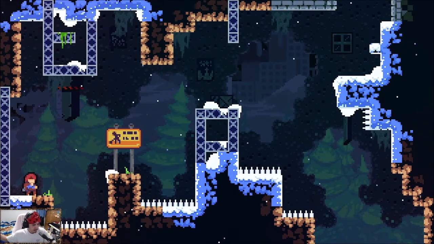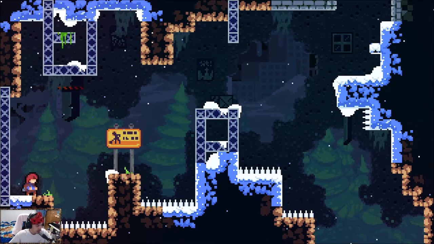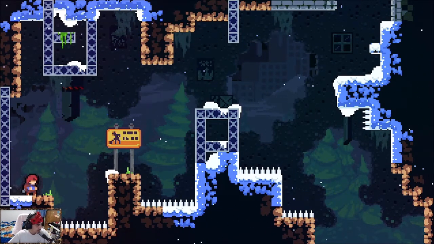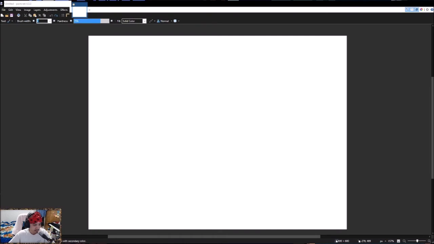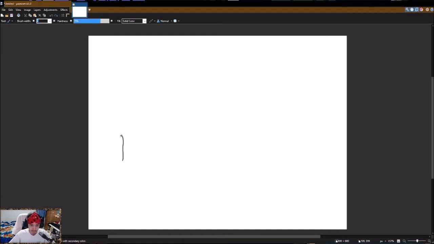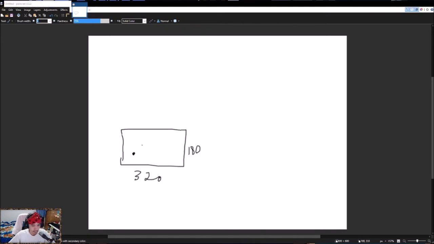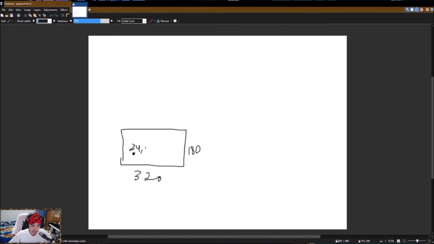It doesn't reset after each screen transition. What I mean by that is, let's say you had this screen. This screen is here, 320 by 180. Now let's say Celeste is standing here, which she is now, and the current position she's at is 24, 144.